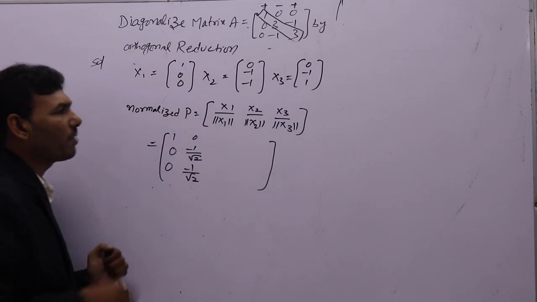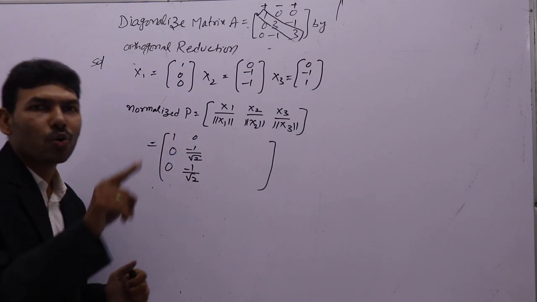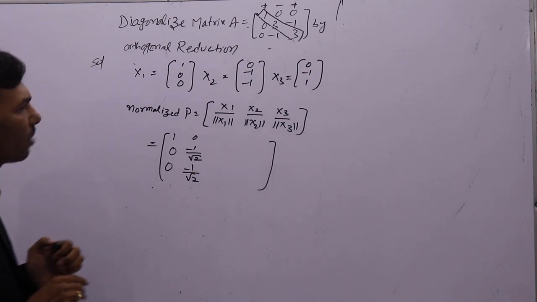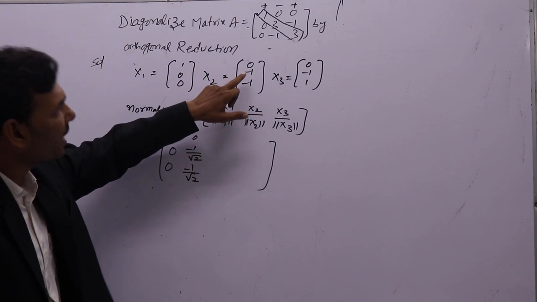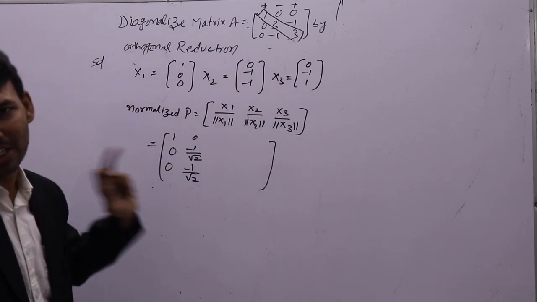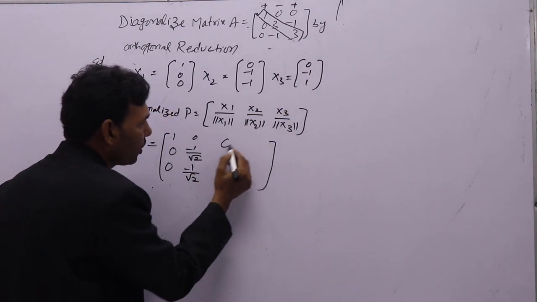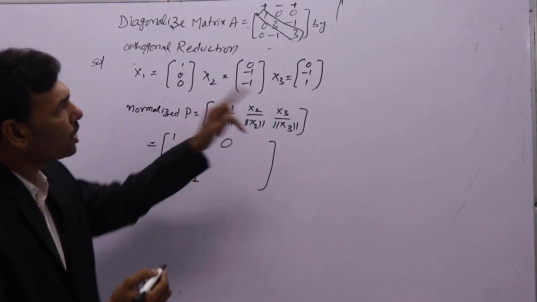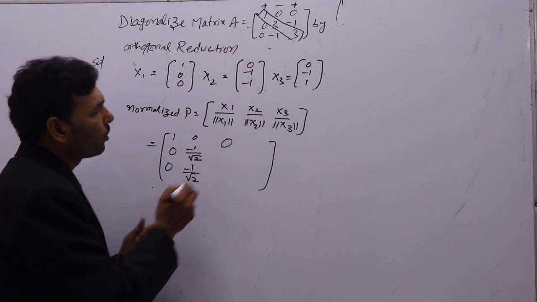To find norm x1: if x1 is a, b, c, norm x1 is root of a square plus b square plus c square. That is the formula actually. So like that, root of 0 square plus minus 1 square plus minus 1 square. What will you get? 2. Like that for this also, square these three terms and add: 0 plus 1 plus 1 is 2. 0 by anything is 0, no need to write.